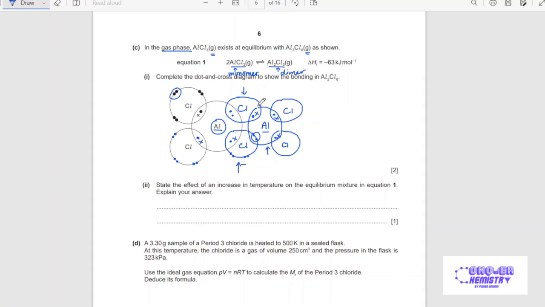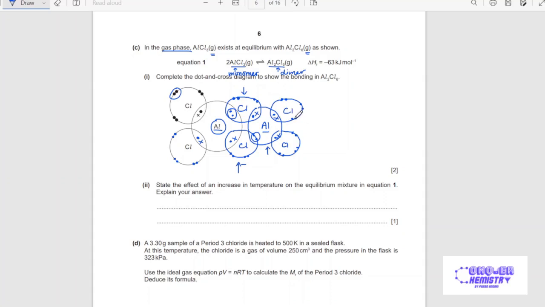Yes, they do. And the chlorines on the second AlCl3, we need to fill out their outer shells with 3 lone pairs each. So we're going to draw 3 pairs of dots on all 3 chlorine atoms in the second AlCl3, right? 1 lone pair has already been drawn over here. That's been shared with the first monomer unit's Al. So we need just 2 more lone pairs on this chlorine atom.